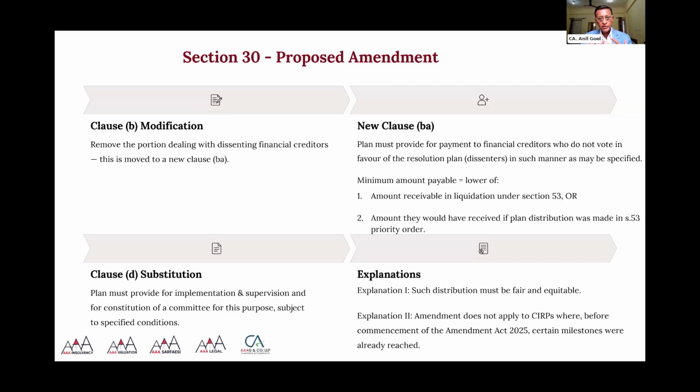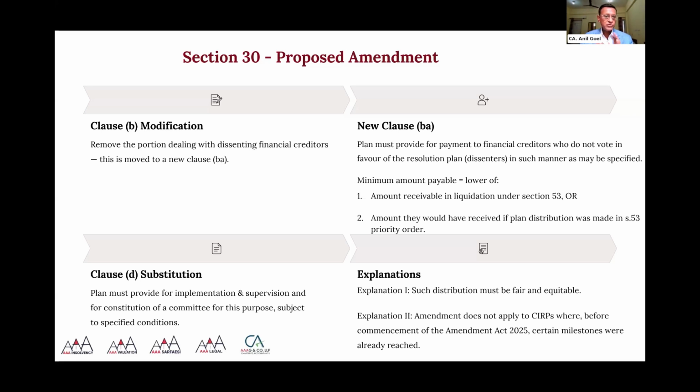Also, for the implementation, there is now a clear-cut provision for the constitution of a committee for implementation and supervision. And whatever was mentioned in the regulations, that such distribution must be fair and equitable, now applies to the distribution to dissenting creditors. Also, Explanation 2 says the amendment does not apply to CIRPs where, before the commencement of the Amendment Act, certain milestones were already achieved.